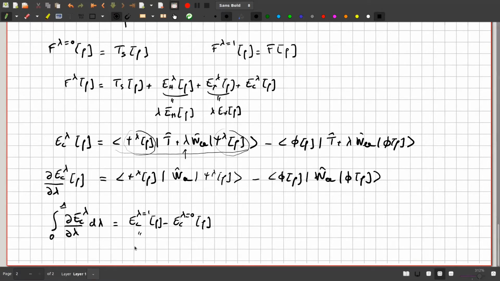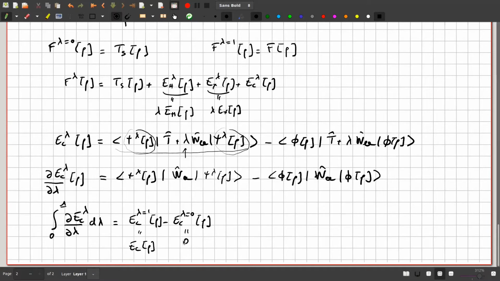At lambda equals 1, well, this is just the normal correlation energy. And at lambda equals 0, this is 0, because at lambda equals 0, there is no interaction, so there is no correlation energy. Okay, now on the right-hand side, if I do this integral over lambda, I obtain, well, just this integral from 0 to 1 of this quantity.